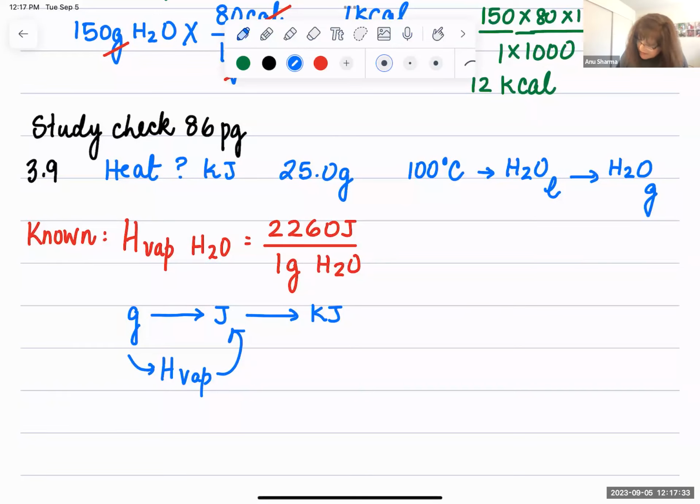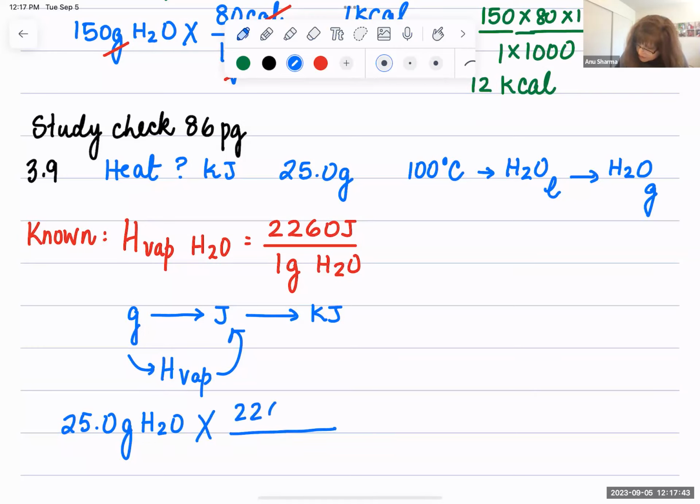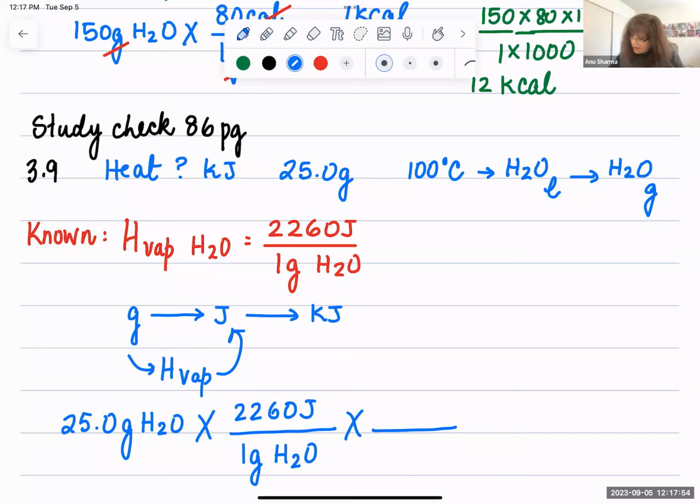Okay, so let's set this up. 25.0 grams of water times 2260 joules over 1 gram of water times. Okay. Joules, we need it in kilojoules, so 1 kilojoule over 1000 joules.